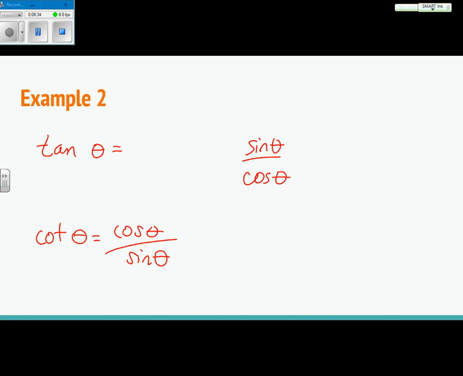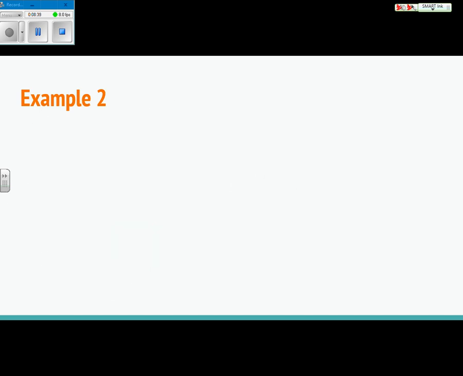So let's see some examples with these. We might have to mix in those first six that we did yesterday. It'll be okay. We can do this one.